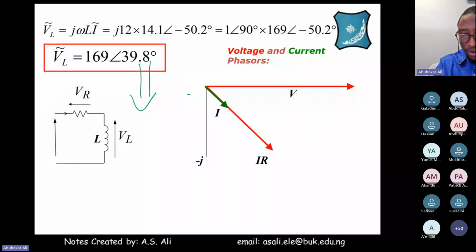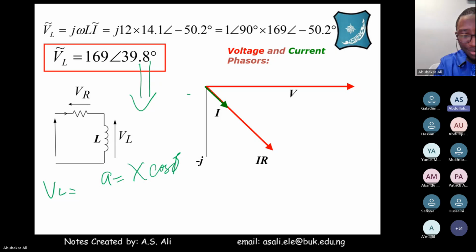So, Abdullahi, what's the Cartesian form of this value? Let's do it together so that you understand. A is X cos theta, and B is X sin theta.